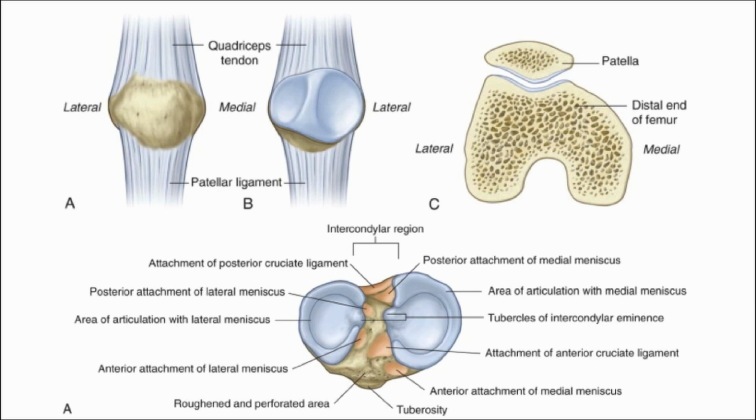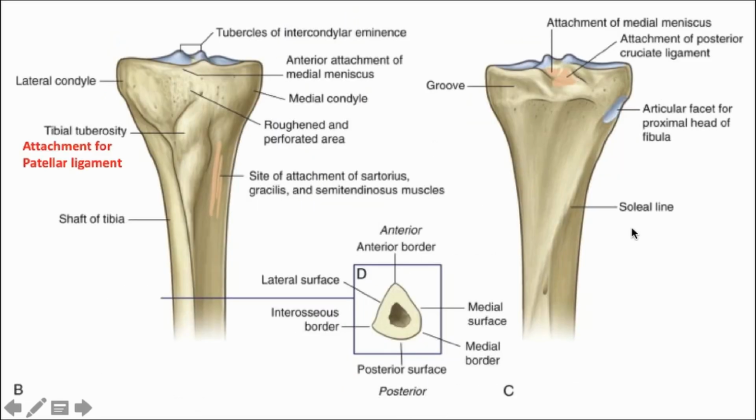We have the medial condyle and the lateral condyle, which both flatten in a horizontal plane and overhang over the shaft. Here's the tibial surface, and here's the tibial tuberosity where the patellar ligament inserts. We have this cushiony layer here, the medial meniscus and the lateral meniscus, which we will show in a little more detail moving forward.